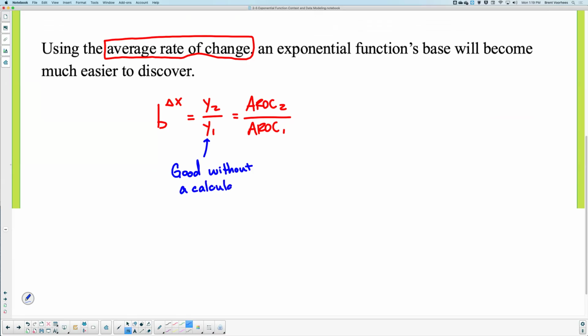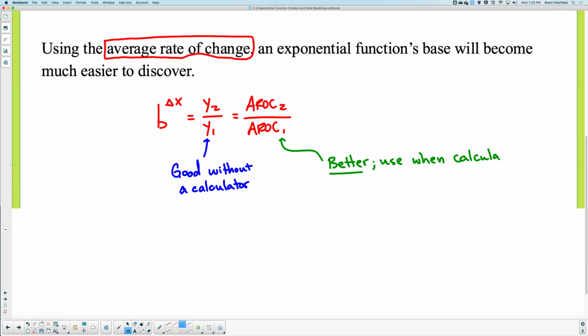So if you're not going to use a calculator, that's what I would recommend for your formula. B raised to the power of delta x is going to equal y2 divided by y1. However, if it is a calculator active problem, I would suggest using this. So I'm going to say this is better. So if this one's good, this one is better. Use when calculator is active.